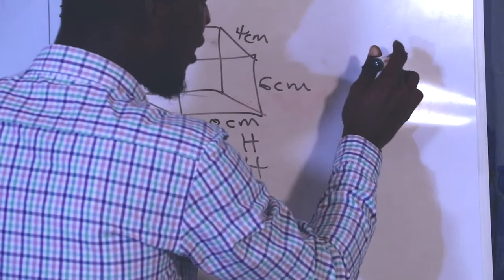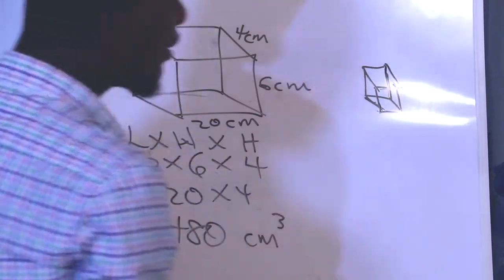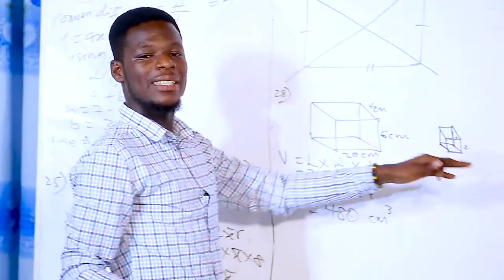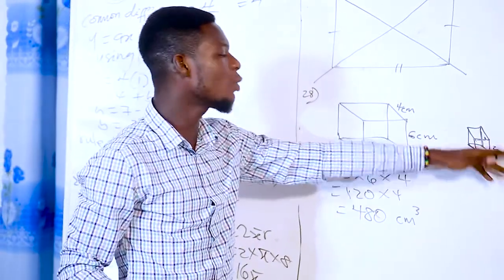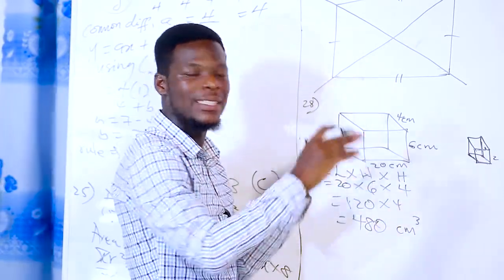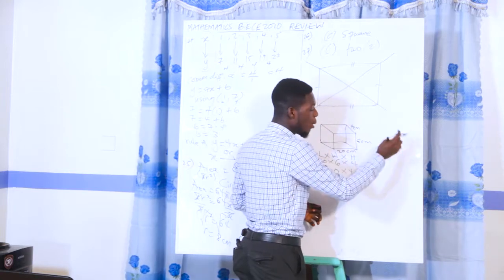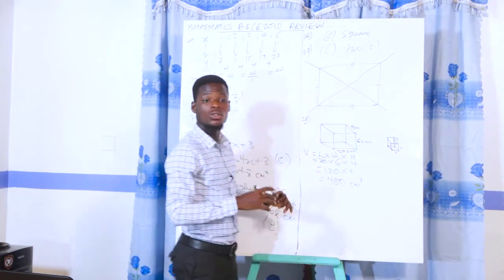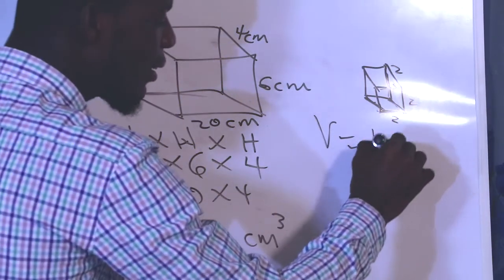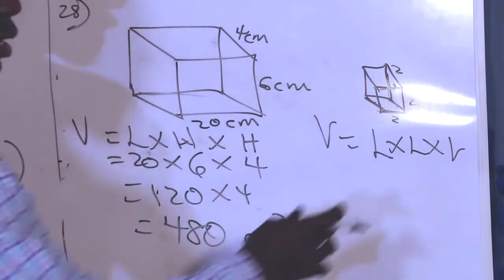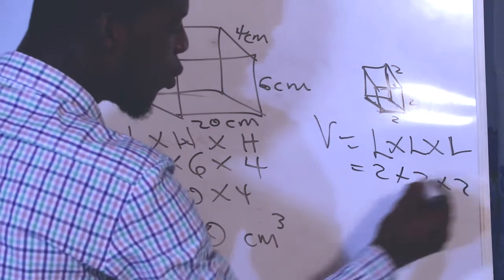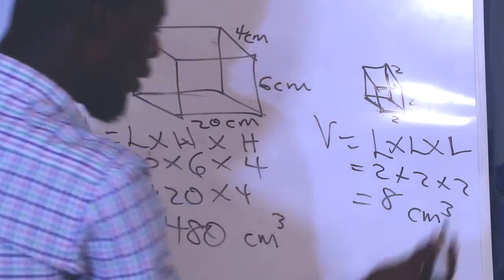The only difference is that a cube has all its sides equal, but a cuboid does not. So if they say that a cube has side 2 centimeters, it means all the other sides are 2. So length is 2, breadth is 2, height is also what? 2. So the volume of a cube is length times length times length, because all the sides are equal. So 2 times 2 times 2. That will give you 8 cubic centimeters.